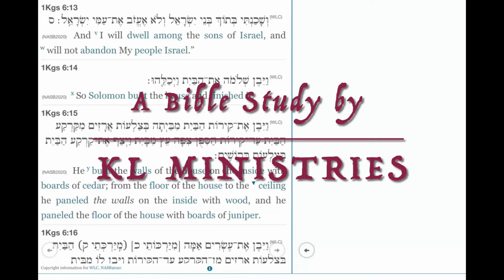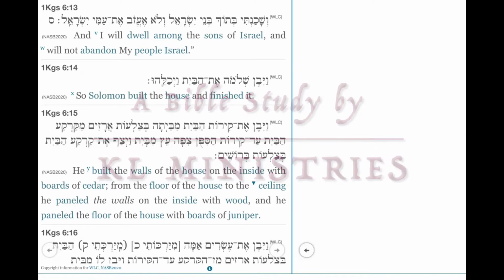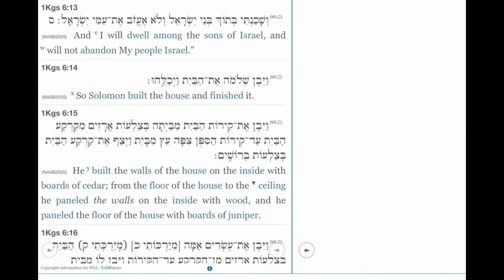a snapshot, enough detail for us to construct an image in our mind as to how the temple might look like. But there are lots of details that are really left out. The reason why it is left out is because it is not for us to mimic or to rebuild or reconstruct the temple.